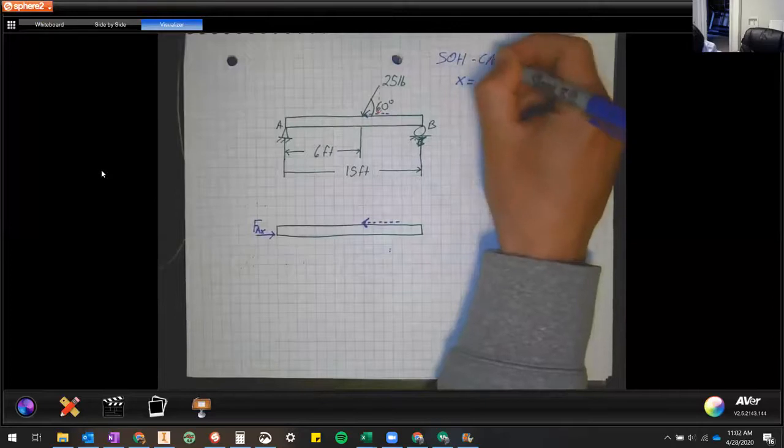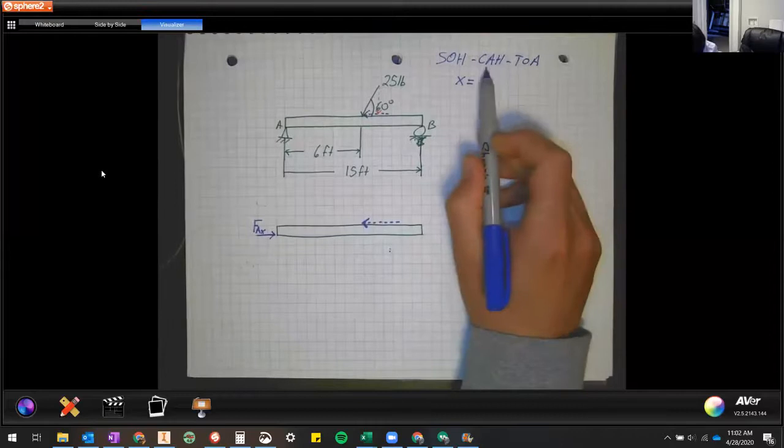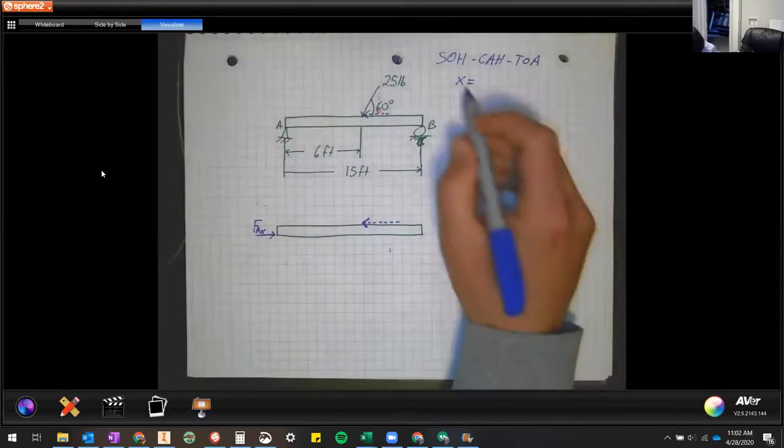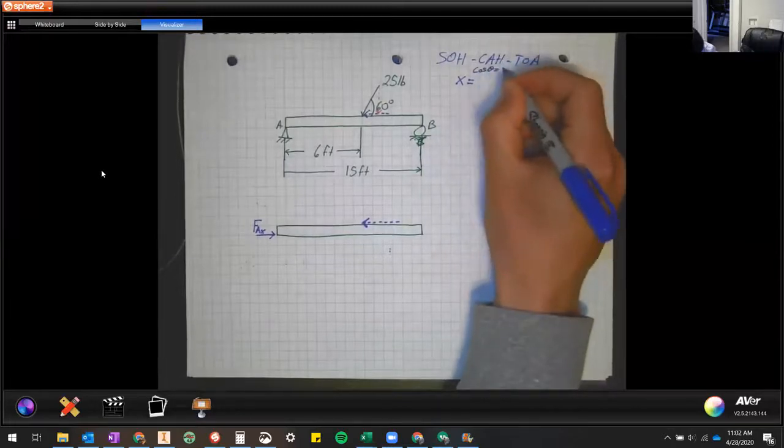So because it's the adjacent side of the triangle, and we're talking SOHCAHTOA, the adjacent side of the triangle deals with cosine. And so cosine theta equals adjacent over hypotenuse.